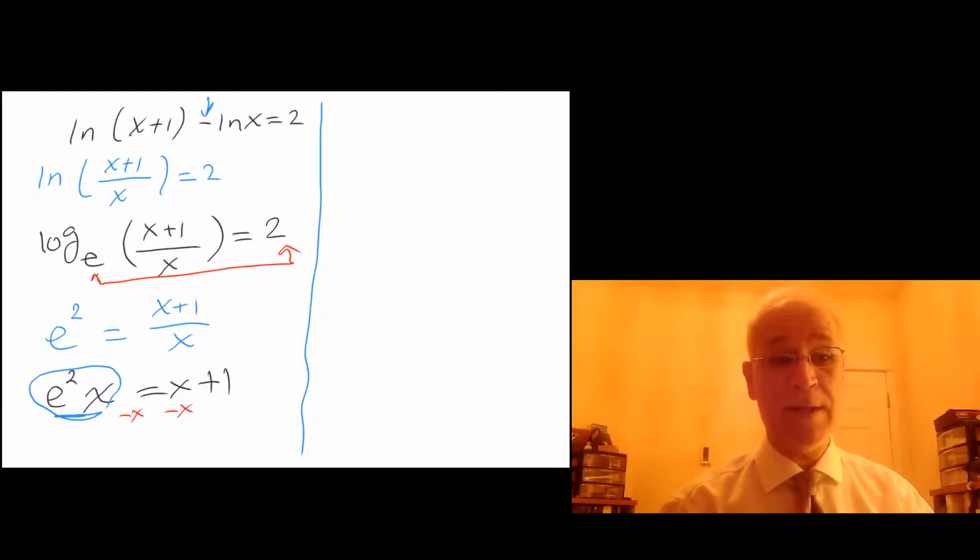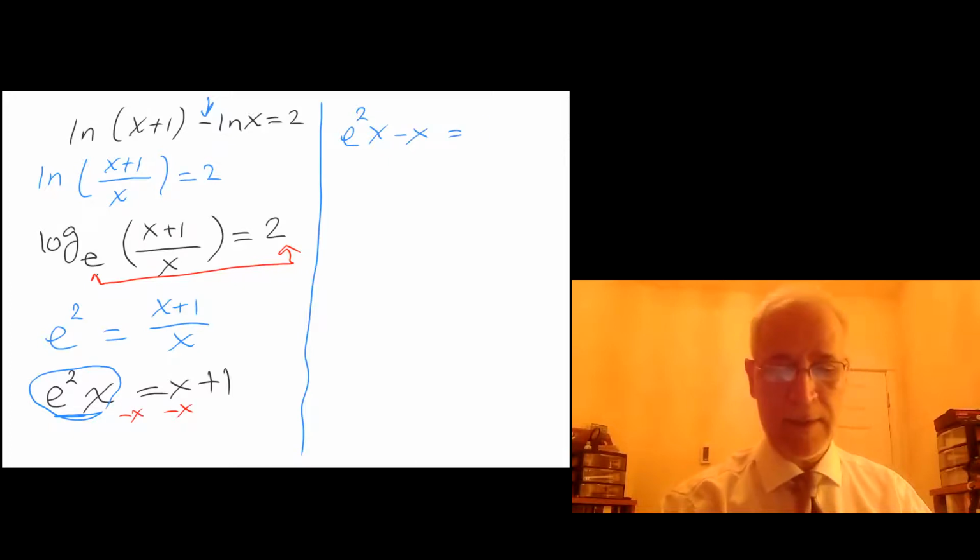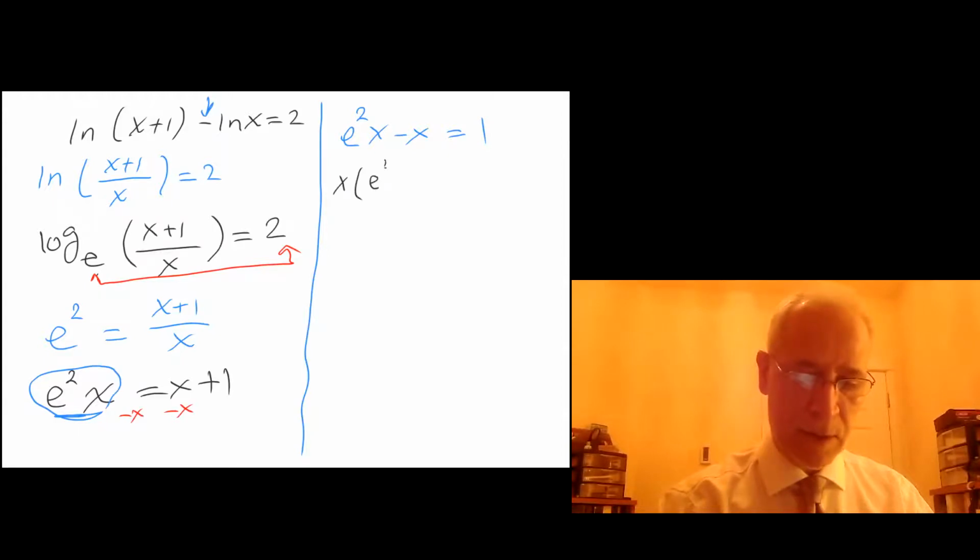Notice that this is a product. I cannot combine this e squared times x with minus x. So this becomes e squared times x minus x equals 1. Now I can factor an x out. I get x times e to the second minus 1 equals 1.